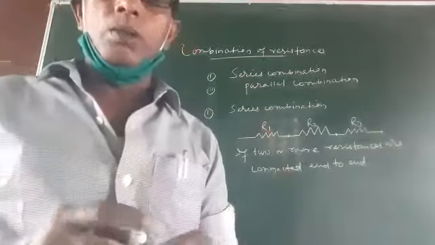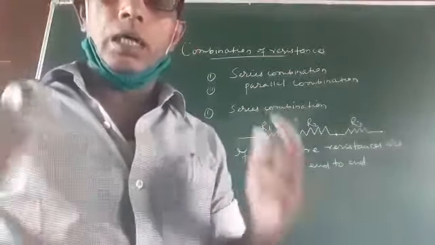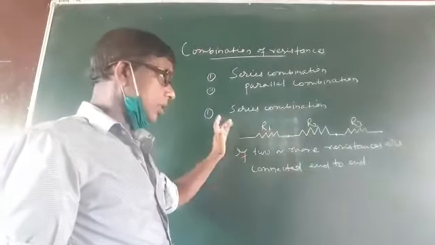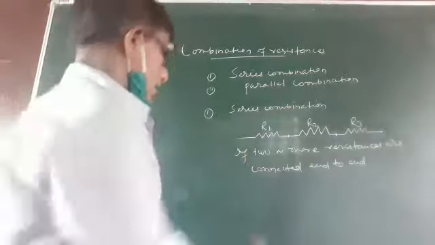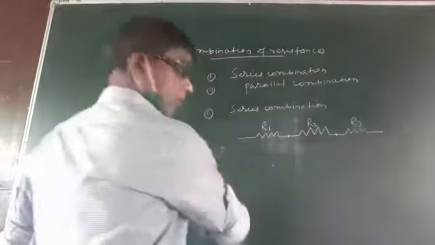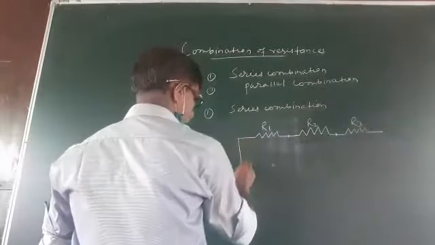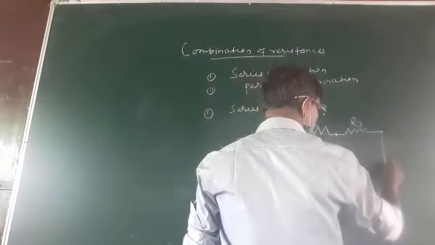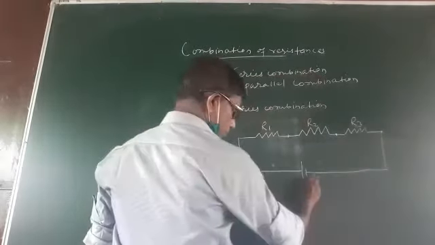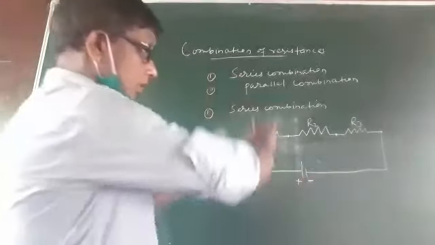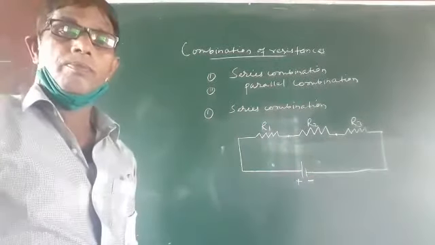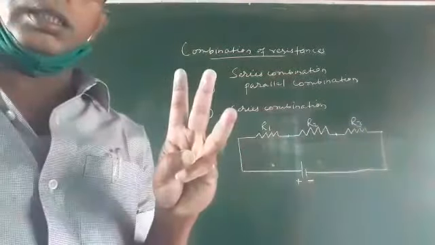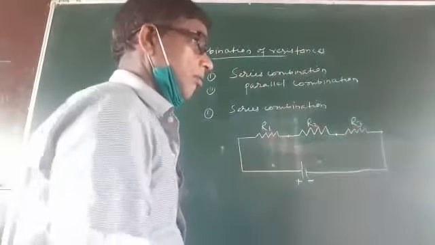Okay, there may be a question: calculate the total resistance if three resistances are connected in series. So I am completing the figure. The ends of these resistances are connected to a cell, minus plus. This is the circuit. Let R1, R2 and R3 be three resistances connected in series.